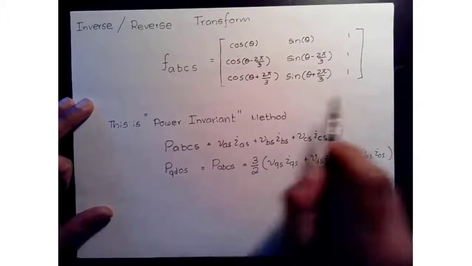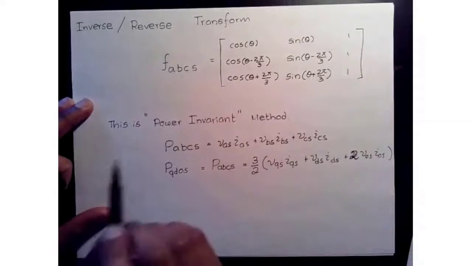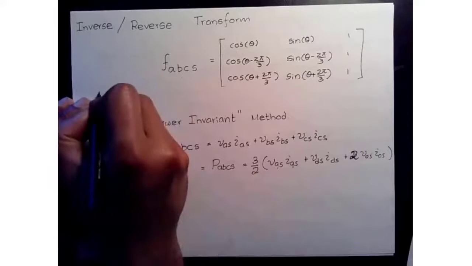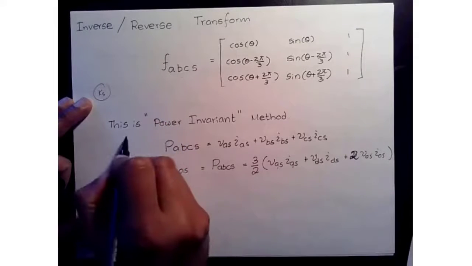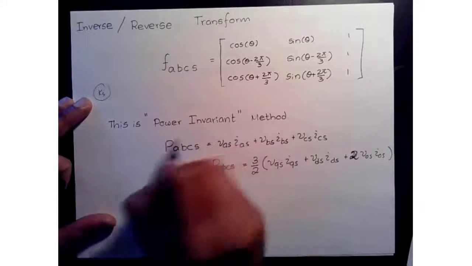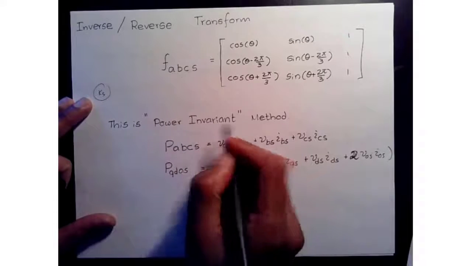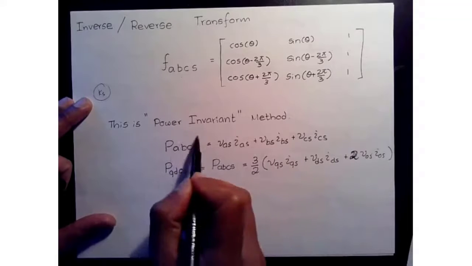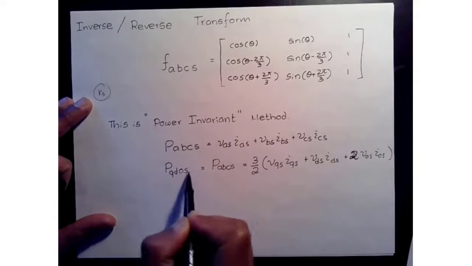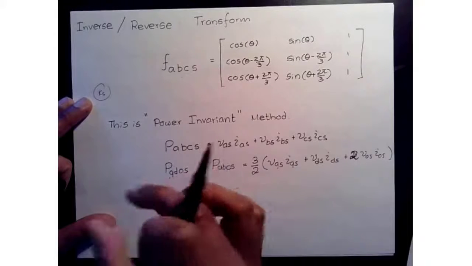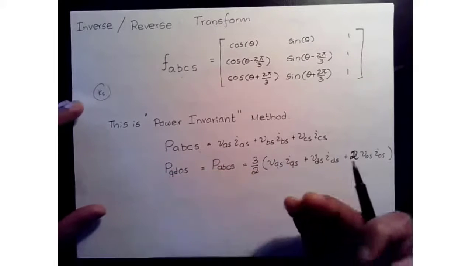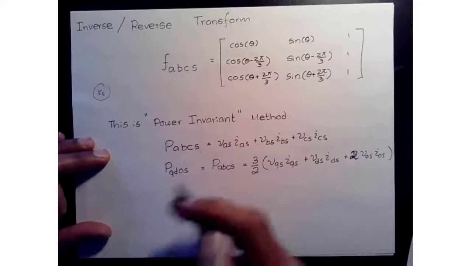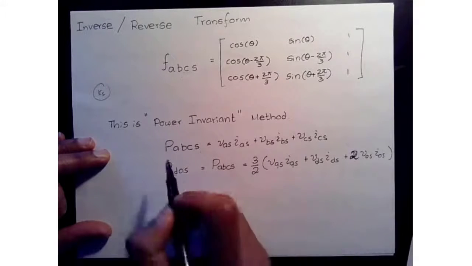Now, in this method, we call this transformation, this KS matrix that we talked about earlier, a power invariant method. What that does is, once you transform from ABC frame to DQ frame, the total power does not change. Okay, just because mathematically the power does not change.